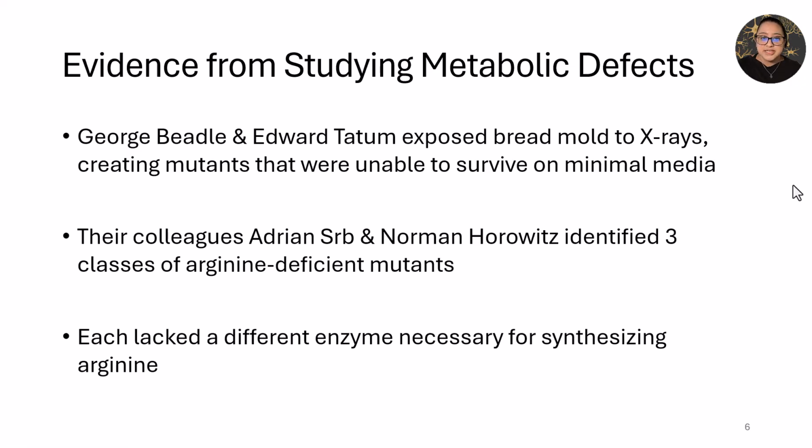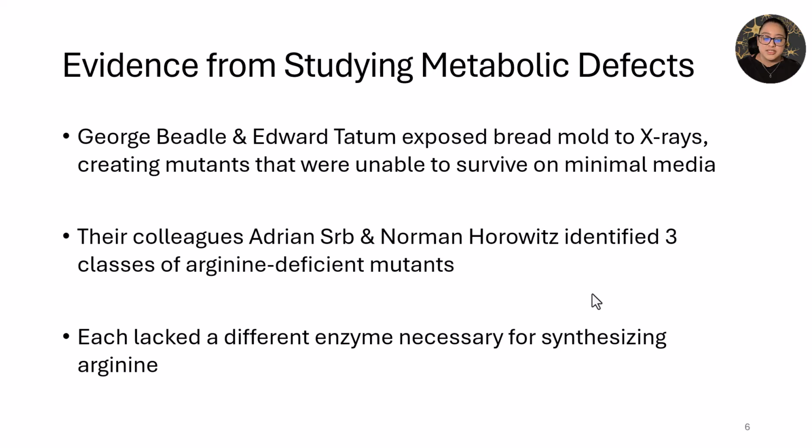So by doing this, they were able to see that some of these colonies needed to be provided arginine, the amino acid arginine. Then their colleagues, Adrian Serb and Norman Horowitz, identified 3 classes of arginine deficient mutants. So there were 3 groups of mutants that were deficient in arginine, but there must have been some kind of difference.